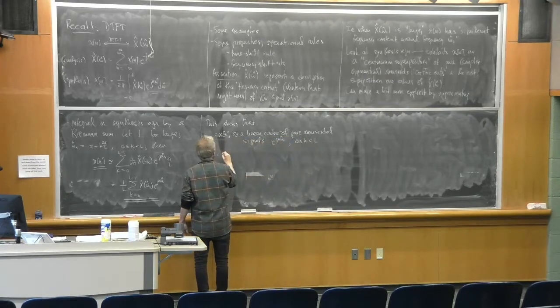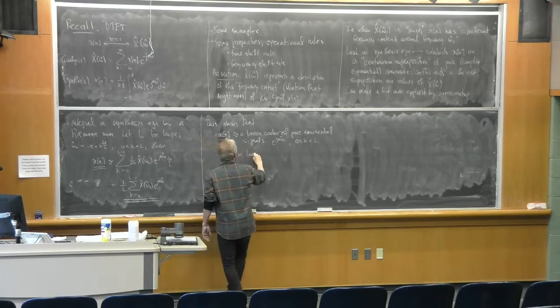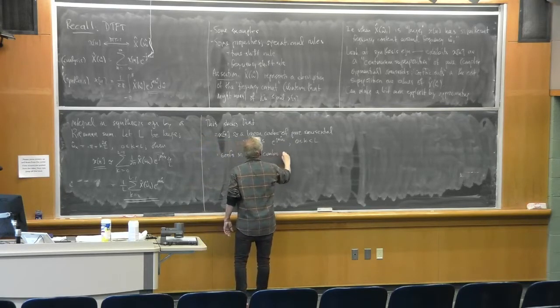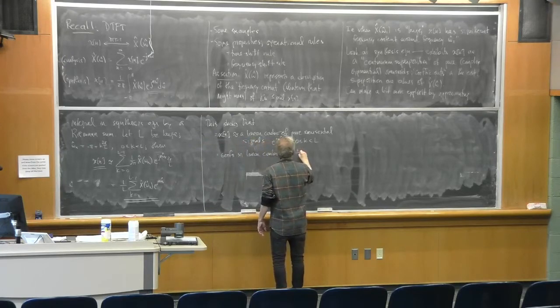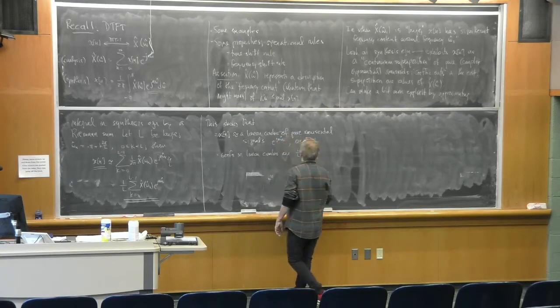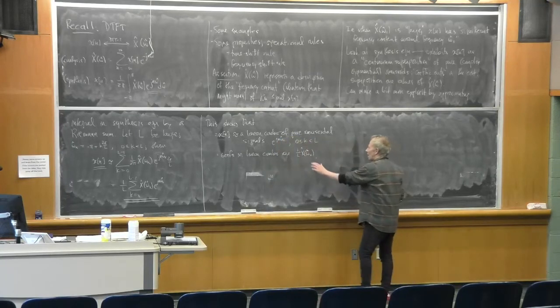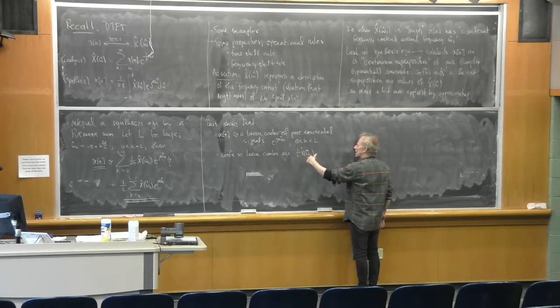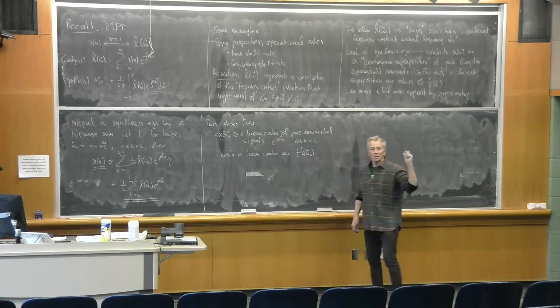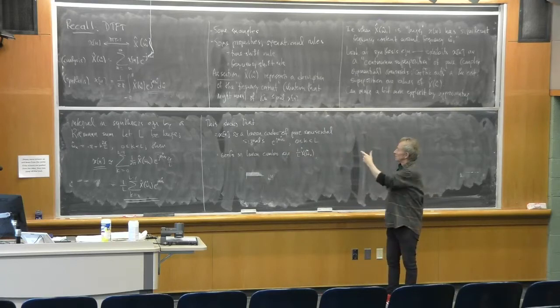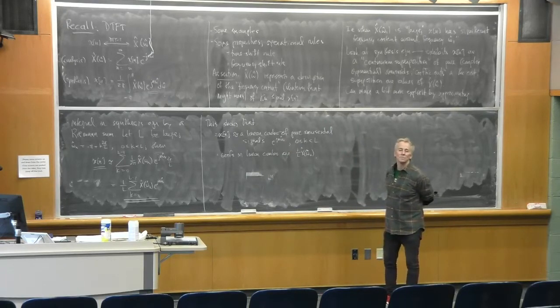And the coefficients in this linear combo are just going to be 1 over L times x hat of omega k hat. So the value of x hat at one of these frequencies, omega hat k, that are approaching a continuum, gives you the amplitude of the term in this approximation of x of n as a finite linear combo of pure sinusoids.